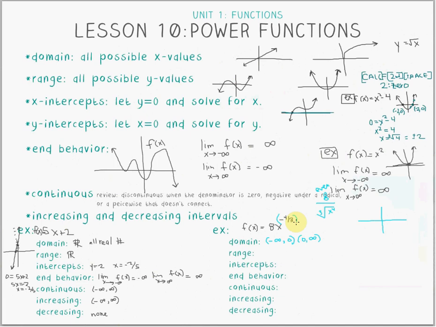Okay, so what happens is that there is this asymptote at 0. And I'm so glad we graphed it because I am seeing a stipulation on this range.